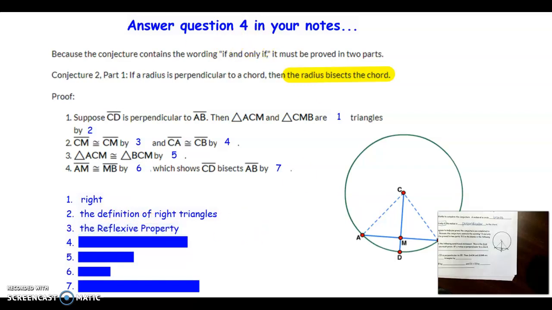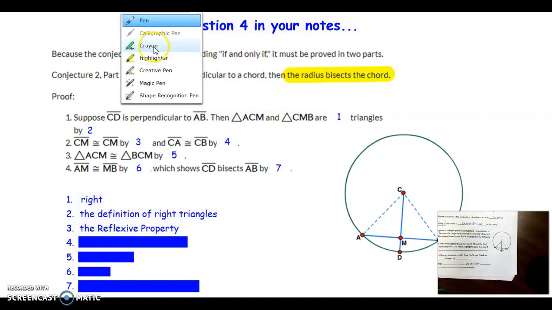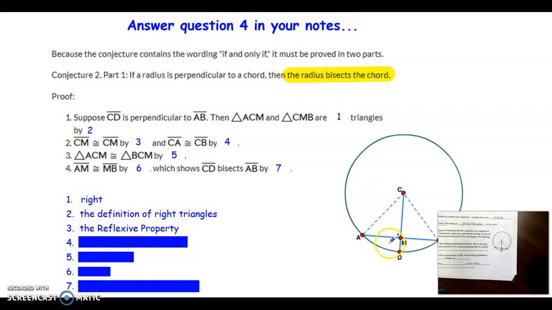So I could mark this information, and I should be marking that as I go along, the fact that this is a right angle on both sides. And I know now that CM is congruent to itself and that CA is congruent to CB is what the next thing we're proving. So the next step says CA is congruent to CB by what?